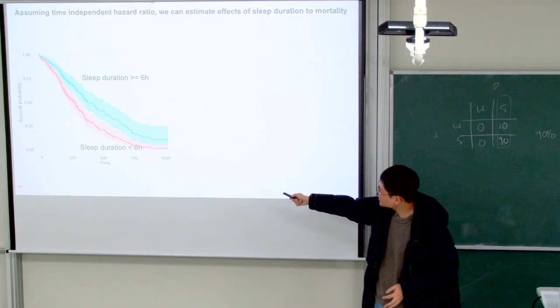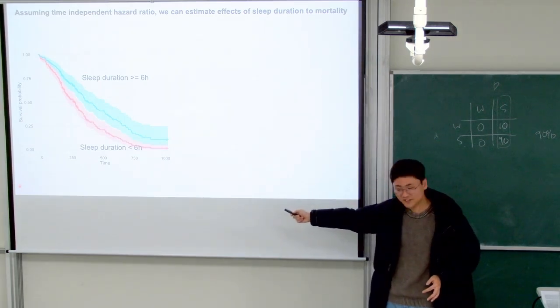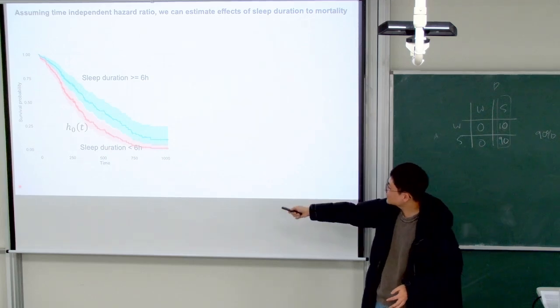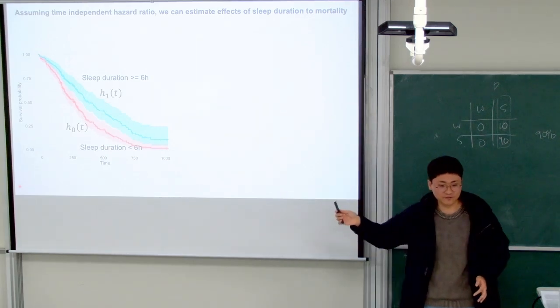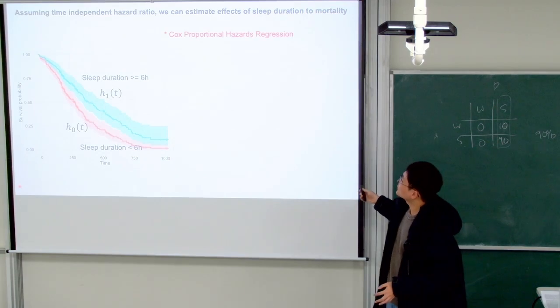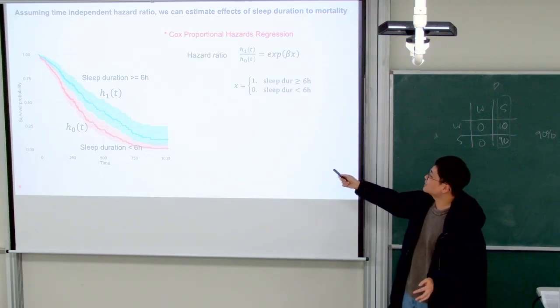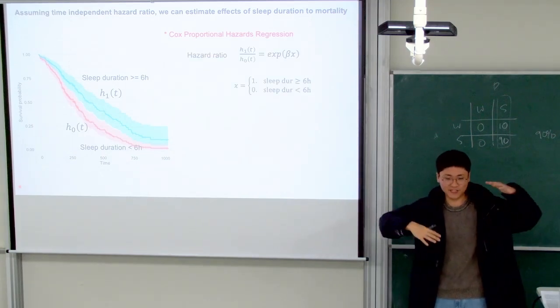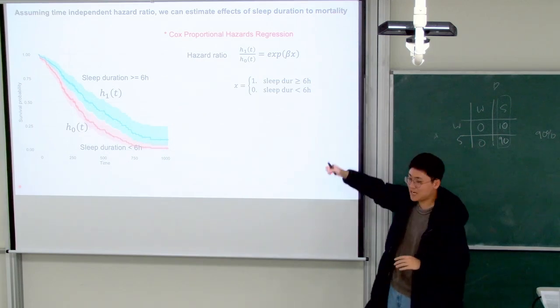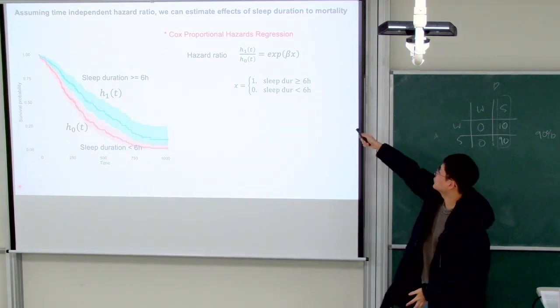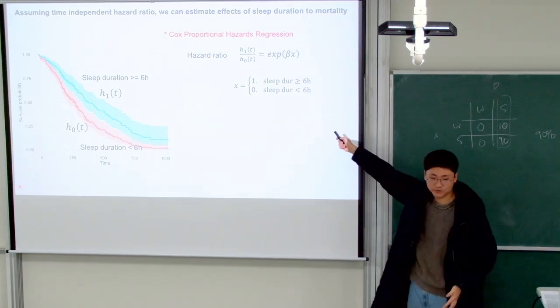Then maybe the decay rate could be different. So for each group, the hazard function would be different, and they apply Cox proportional hazard regression. That means they just predict the ratio between the hazard functions, and they assume that this is time independent but only determined by some variable.